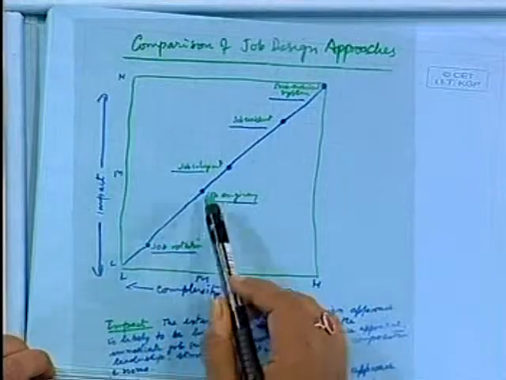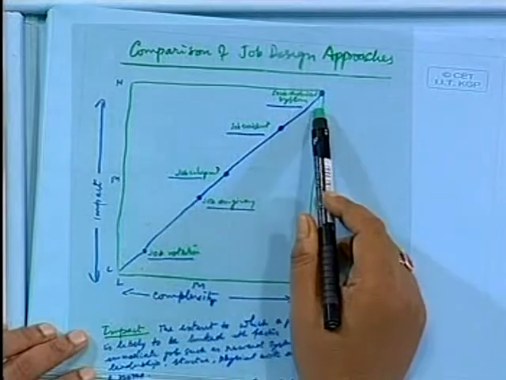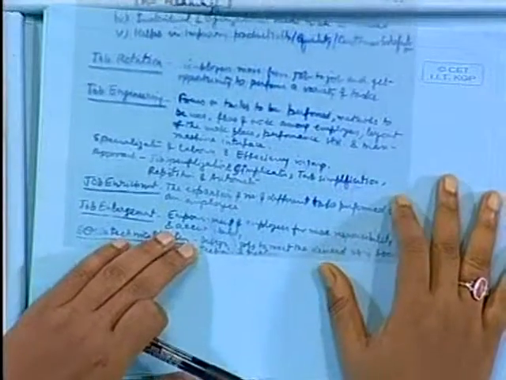Okay, so that is the two dimensions. Now look at the different approaches: job rotation, job engineering, job enlargement, job enrichment, and socio-technical system. Now if you look at these approaches, you can see the definitions that are given there.